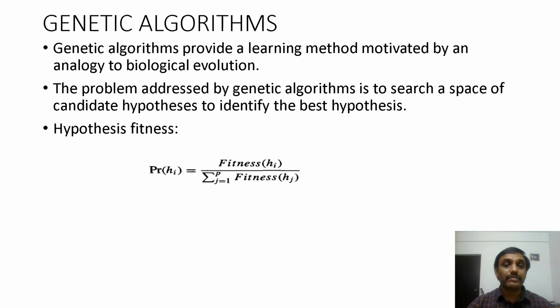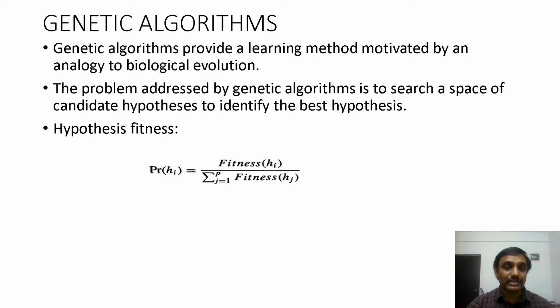The problem addressed by genetic algorithms is to search a space of candidate hypotheses to identify the best hypothesis. How to identify one hypothesis as the best one? That depends on the fitness of that particular hypothesis. How to take fitness? For example, in the case of playing chess, fitness can be defined as the number of games won by an individual when playing against other individuals in the current population.